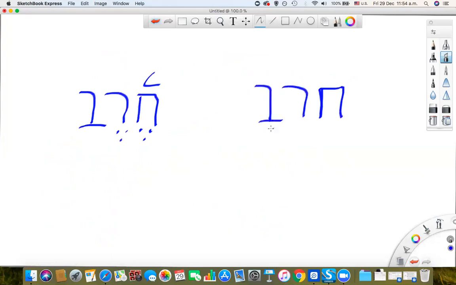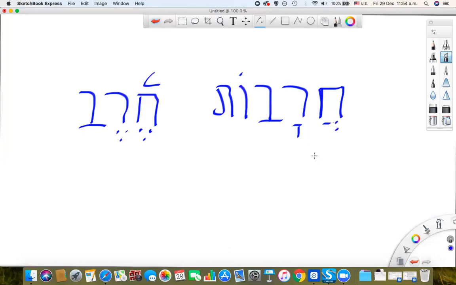Remember though, if you have a word like cherev, which means sword, accented right there, when this becomes plural, it's going to follow the same davar pattern here in the feminine. But this is a guttural. A chet is a guttural, and it cannot take a simple vocal schwa. It has to take a composite schwa. And so in this case, you're not going to have just a schwa, but you're going to have a hatef patach.